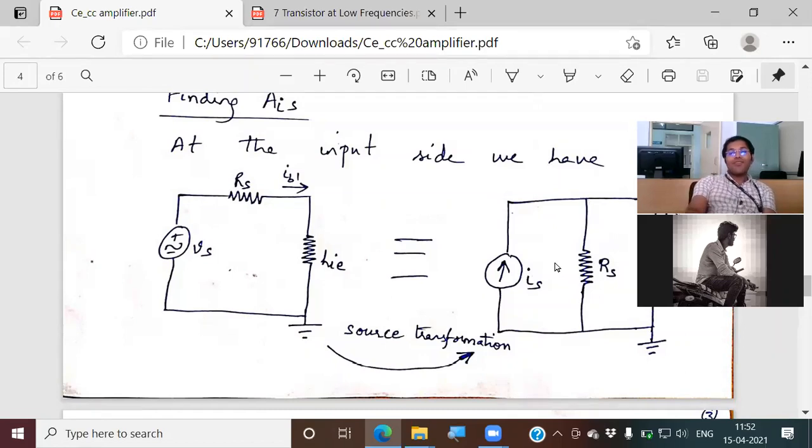What the current division rule says is that the current entering this node is divided in these two resistances.